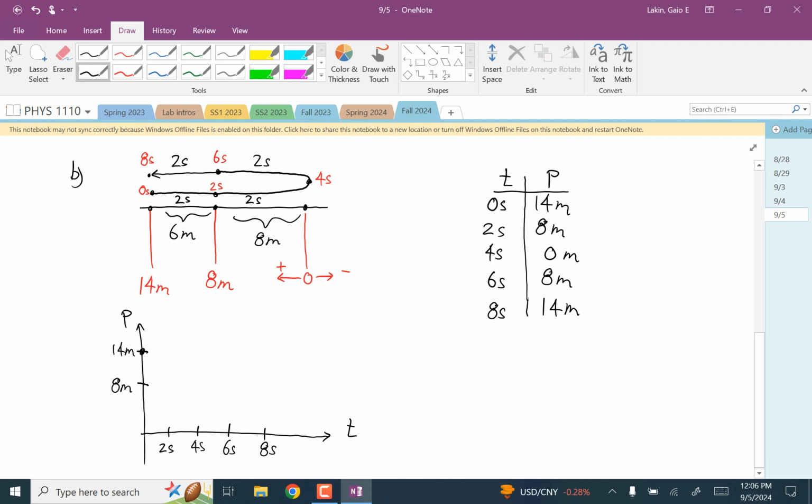Then 2, 8. Then 4, 0. Then 6, 8. And then 8, 14. Anybody have any questions about that?